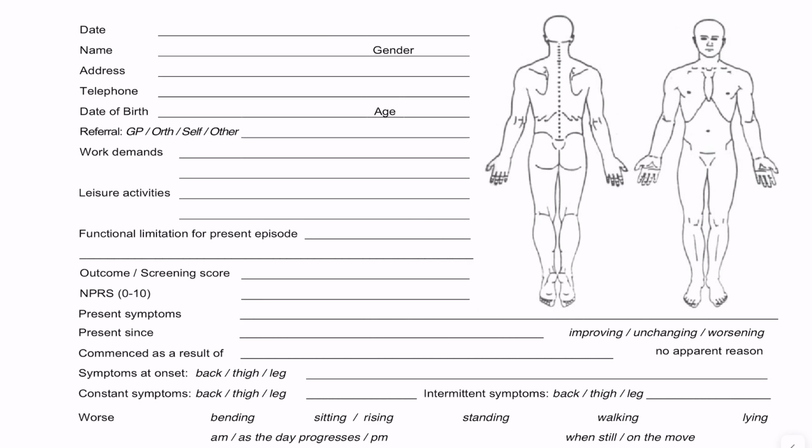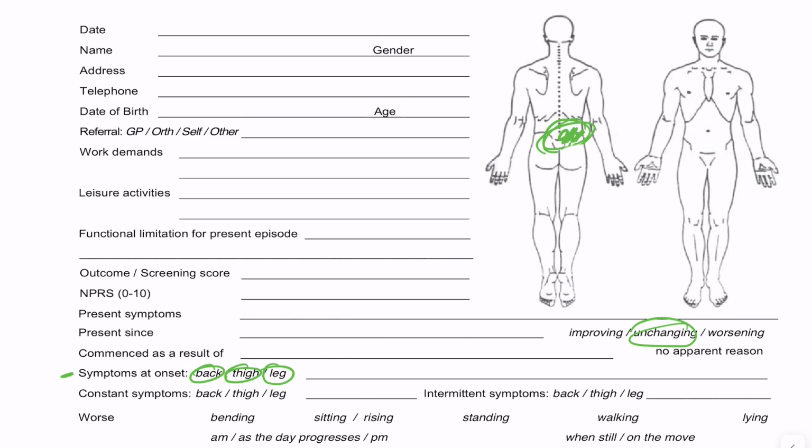Now, symptoms at onset right here. That basically is all that's saying: if the patient's symptoms were first felt in the lower back, and then as some time went on, it started to spread down the leg, that tells us that the patient is getting worse with time. They're starting to peripheralize, versus somebody that at the onset had back, thigh, and leg pain, and they might tell you that they are not improving, but they're so focused on their lower back that they're just basically saying, my lower back's not getting any better, but maybe all of the distal leg symptoms have abolished.